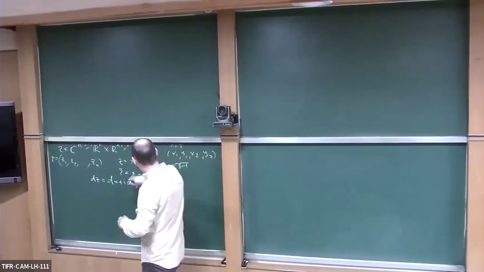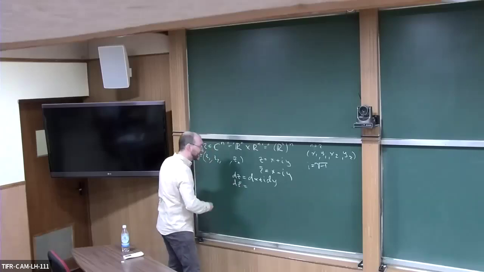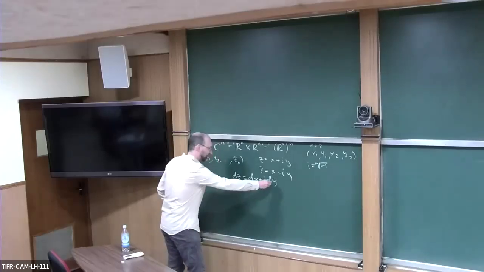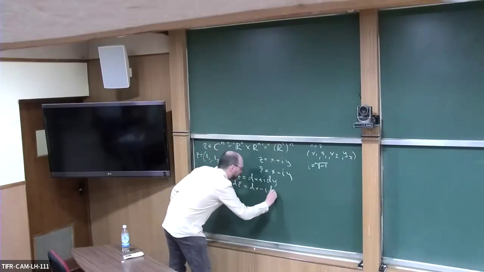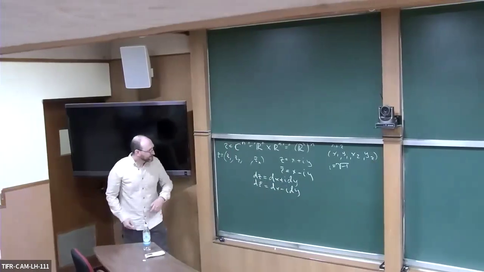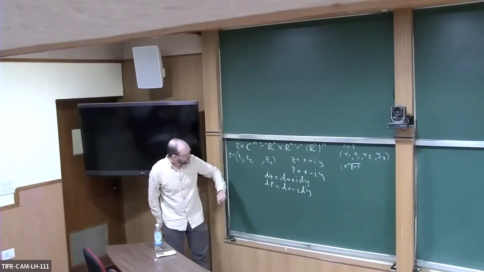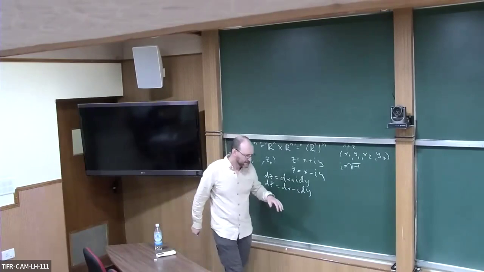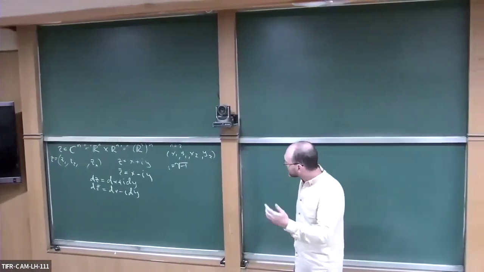So I get the same for dz bar, but it's just a computation. I'm not really defining these things, right? I'm thinking of x and y as my variables here. So we have dz and dz bar. Now I want to differentiate functions. That's the way that we get to CR geometry.